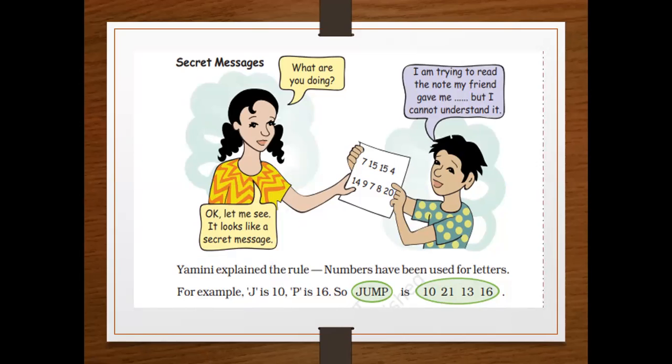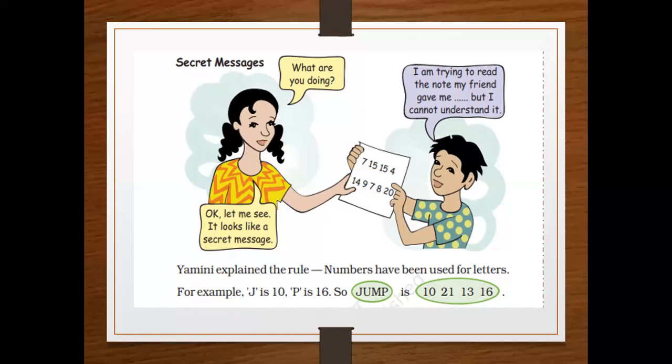We know that there are 26 alphabets. A, B, C, D, E, F, G, H, I, J, K, L, M, N, O, P, Q, R, S, T, U, V, W, X, Y, Z. Give numbers to each alphabet starting with 1: 1, 2, 3, up to 26.